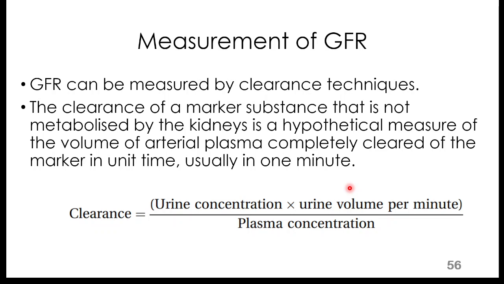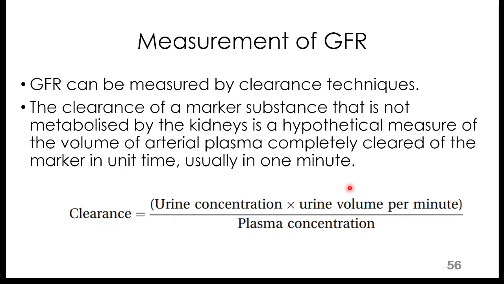So basically we are saying that to measure glomerular filtration rate, we'll need to employ a substance that the kidney will filter, that will move from the blood in the glomerular capillary across the filtration membrane into the urine, and this substance is not metabolized by the kidney. It's not secreted by the tubules.